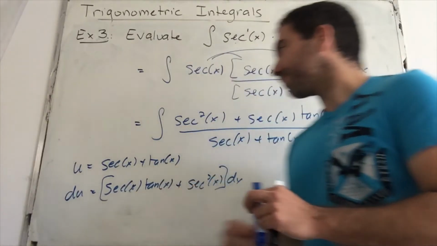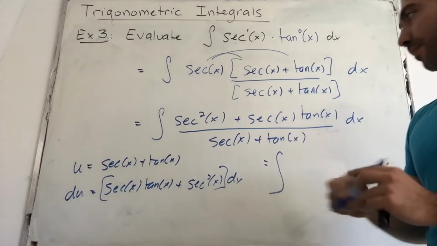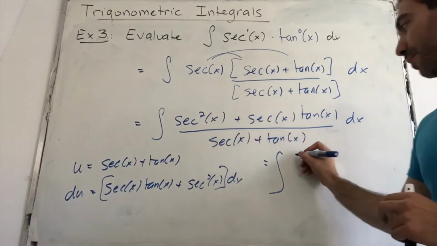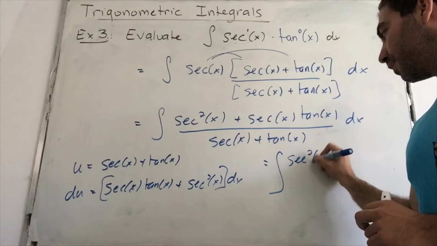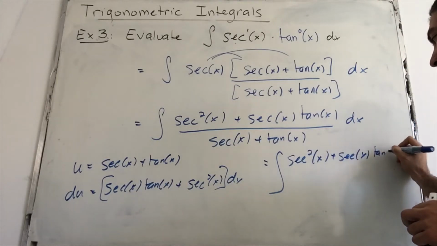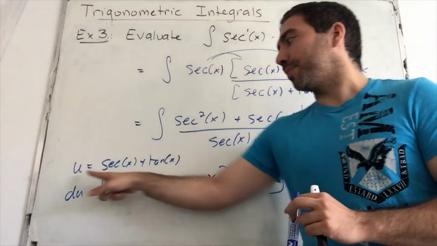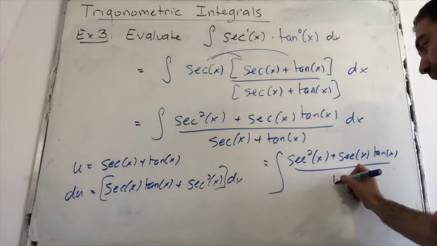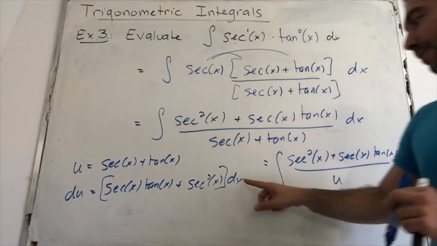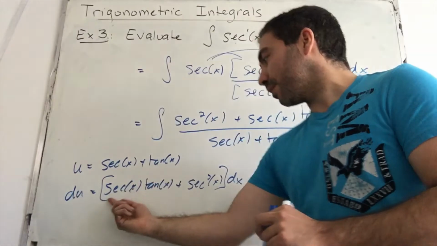Divide by all this. So we could rewrite this as the integral of secant squared plus secant tan, whatever's on top stays, divided by secant plus tan on the bottom, we're replacing it with u, so it's divided by u. And on top we have dx, which is equal to du divided by this whole thing.